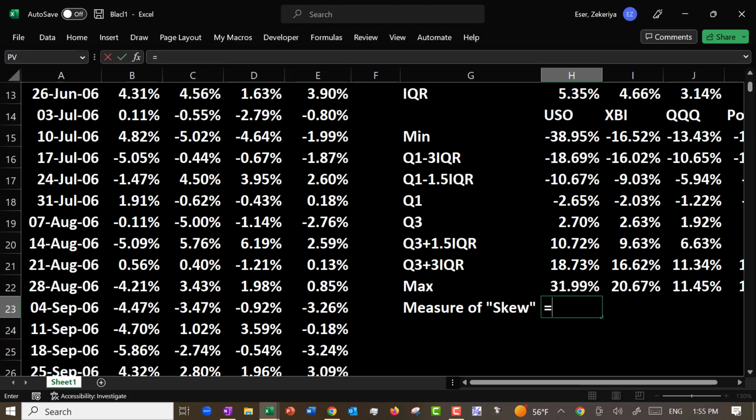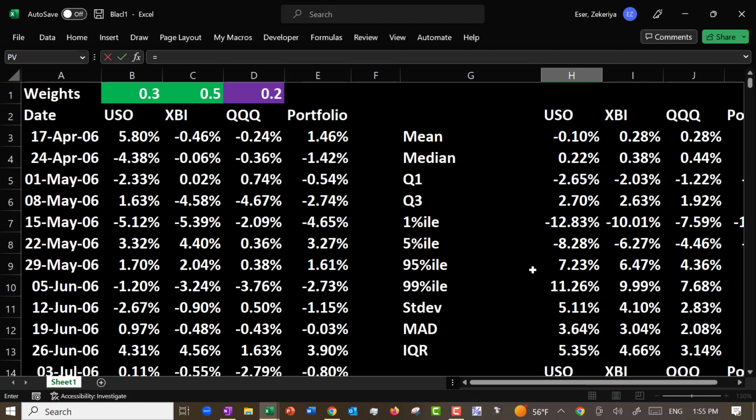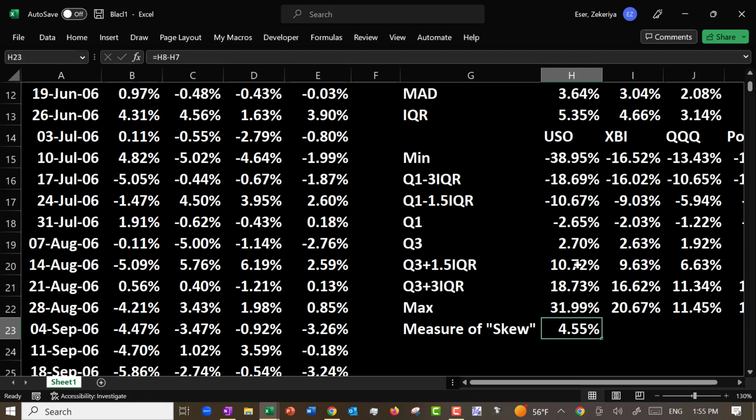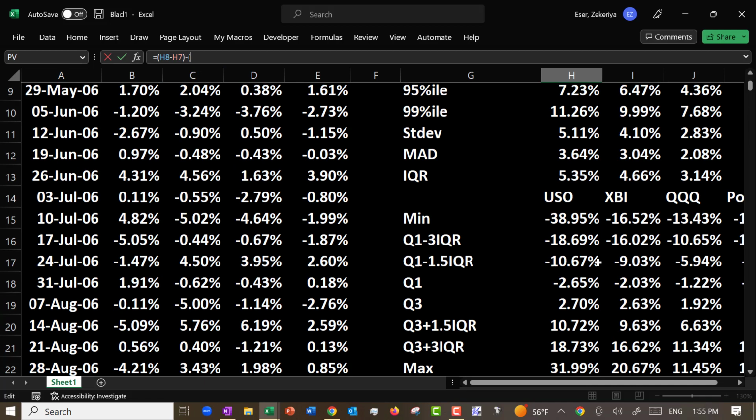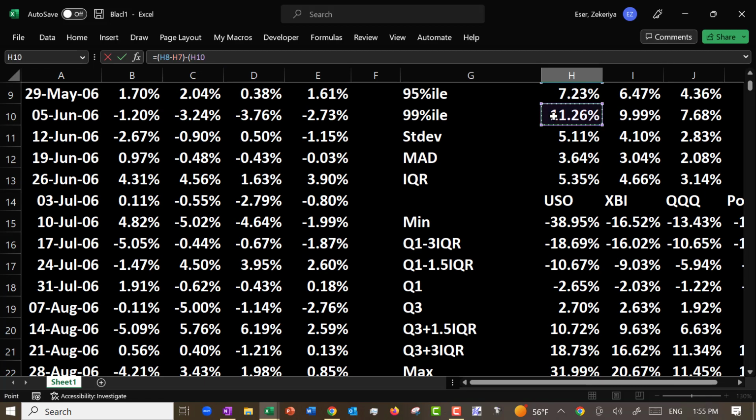So if I take the fifth percentile minus the first percentile, that number is almost always positive. And compare that to the distance between the 99th percentile and the 95th.